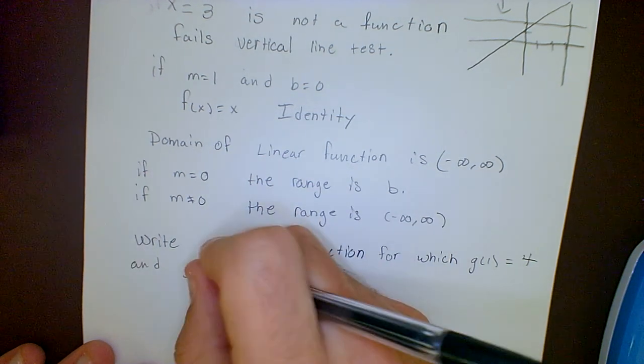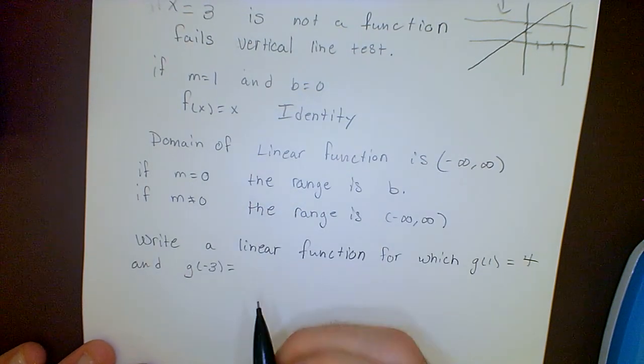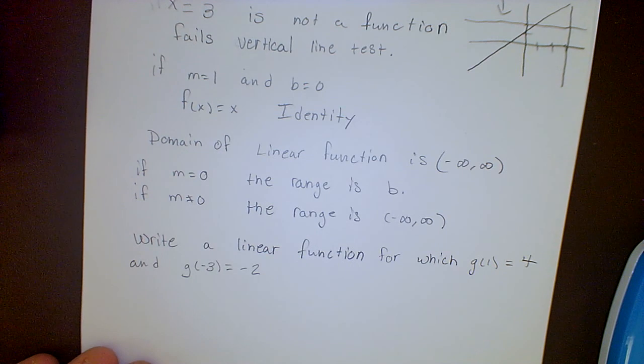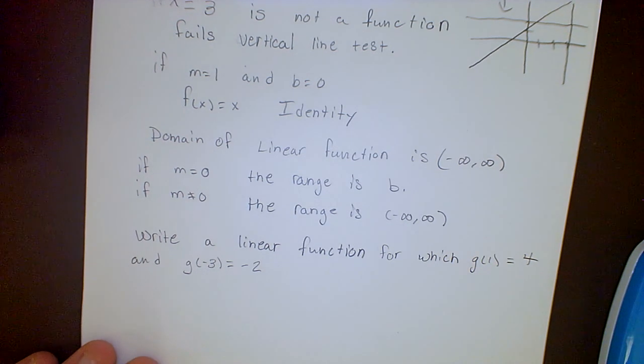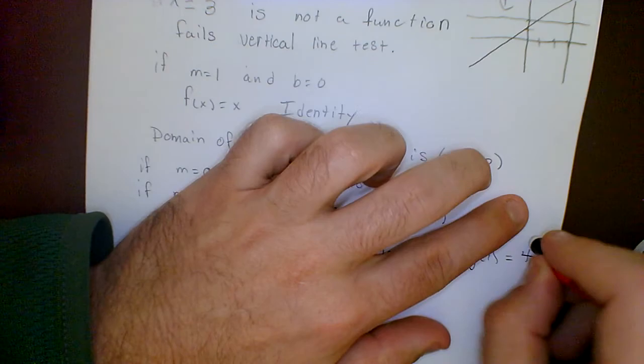Sorry, g of negative 3 equals negative 2, not g of 3. It's kind of an ugly 4 here.